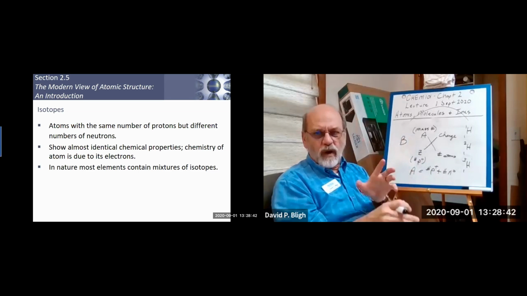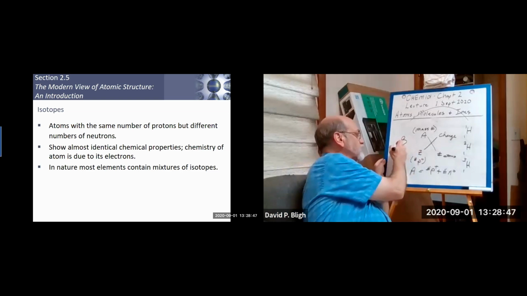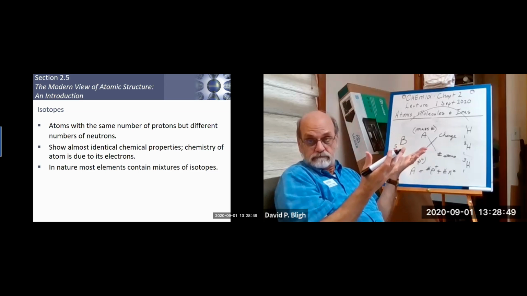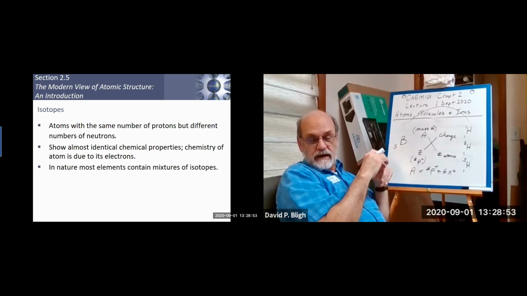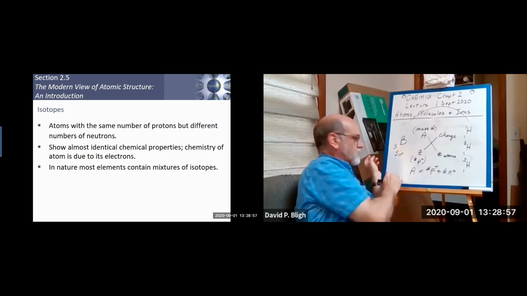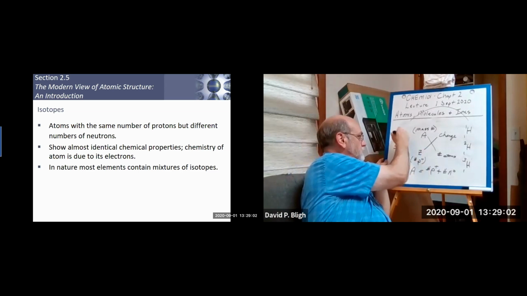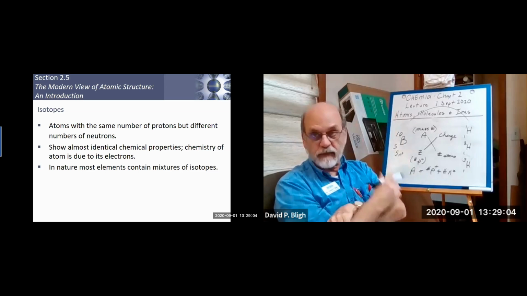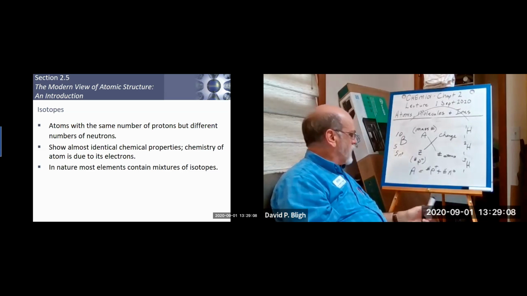If I tell you it's boron, then you can look in your periodic table and say, okay, boron has to have 5 protons. Okay, 5 protons. All right, if it has 5 neutrons, then what is its mass number? 10. Just add them together. Okay.